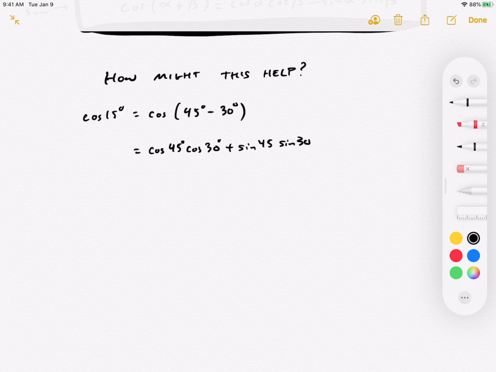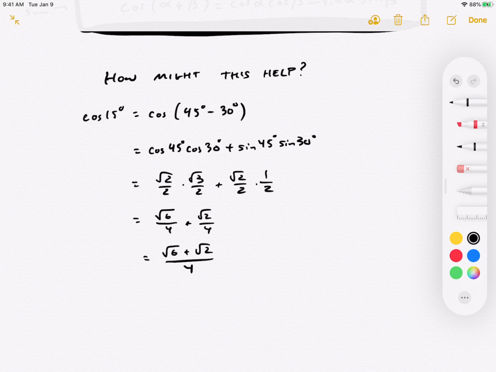And of course, that would be equal to root 2 over 2 times root 3 over 2 plus root 2 over 2 times 1/2. And simplifying, that would give me root 6 over 4 plus root 2 over 4, or root 6 plus root 2 all over 4. I've got a nice way to write cosine of 15 degrees now.